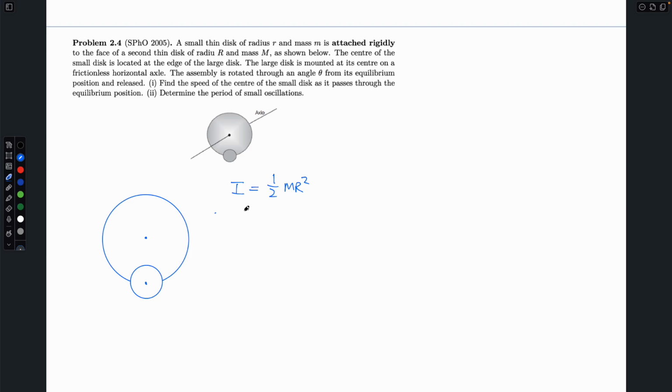And then the small disk, about its own center, I'll use C to denote about the center, is equal to half times small m r squared. So that's if we define this to be R and this to be small r. And then you want to calculate the MOI about the center of the big disk.